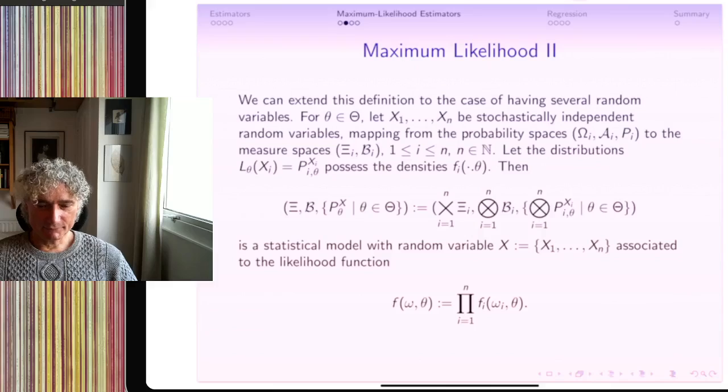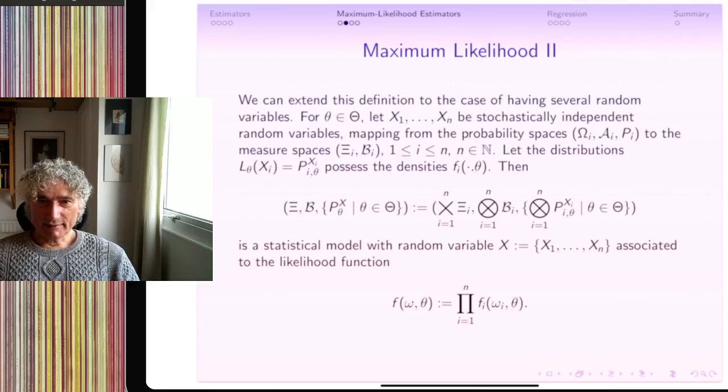So we have n different random variables, x1 up to xn, supposed to be stochastically independent, mapping from probability spaces omega i with sigma algebras A_i and probabilities P_i to the measure spaces xi i and the sigma algebras B_i.